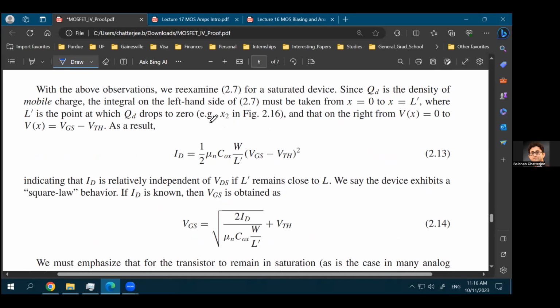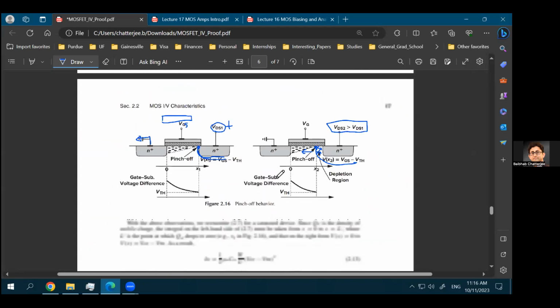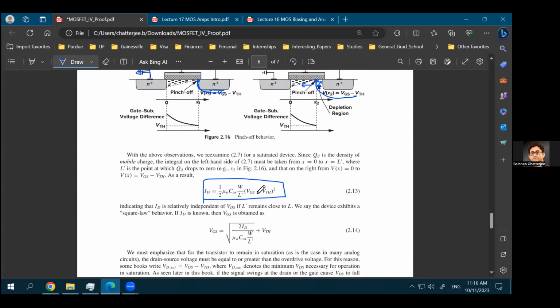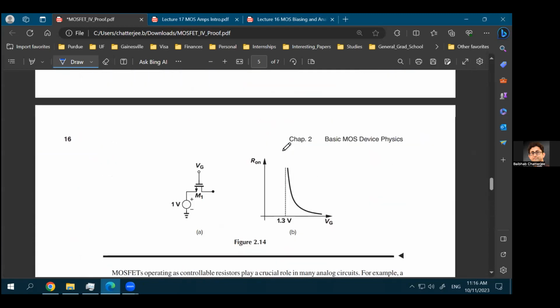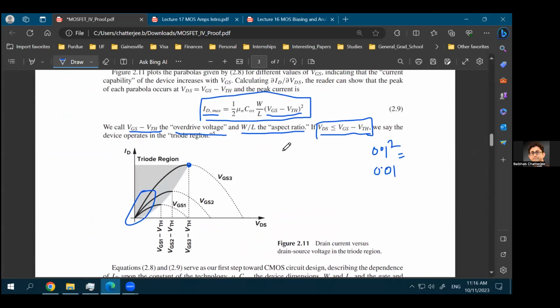And in that case, if you do the same calculations again, you'll end up with this equation, which is half of mu n COX W over L prime times (VGS minus VTH) whole square. And this document talks about how you can come up with this particular equation from your equations 2.7 and 2.8 to 2.9.